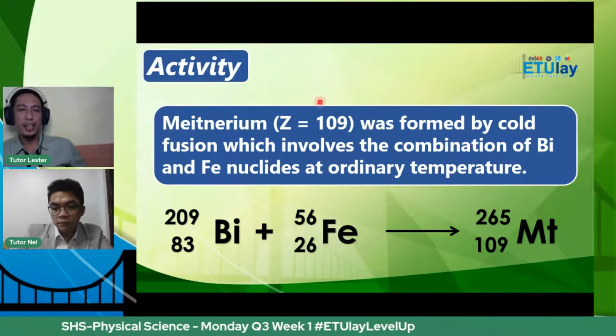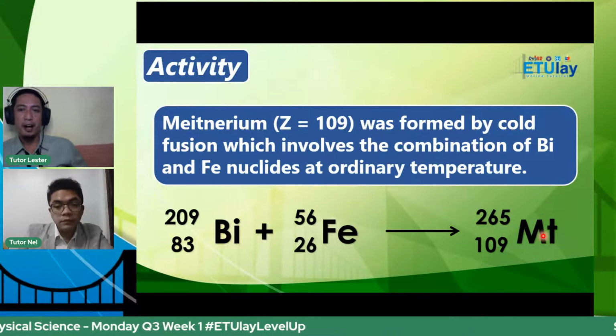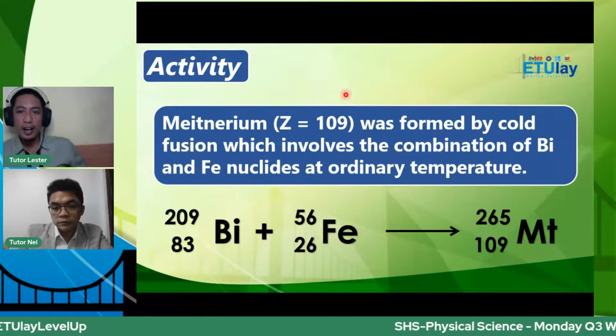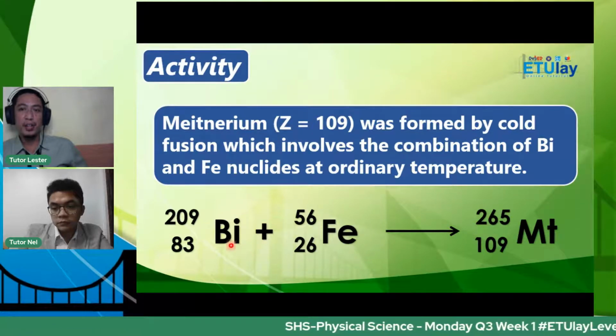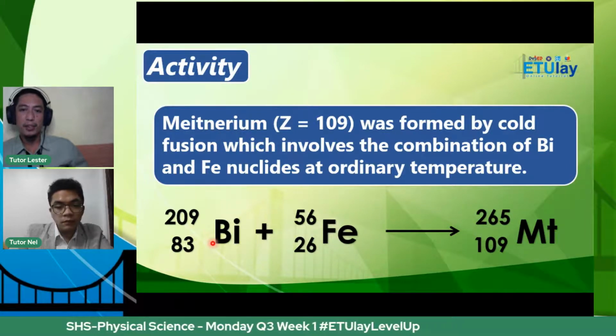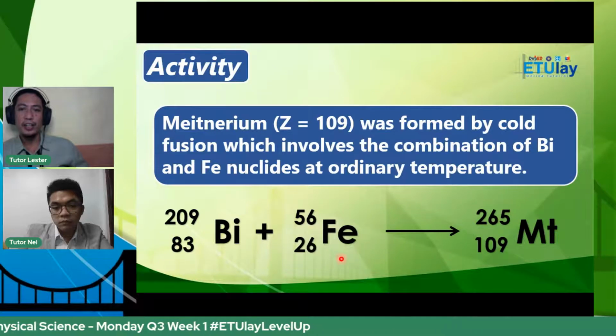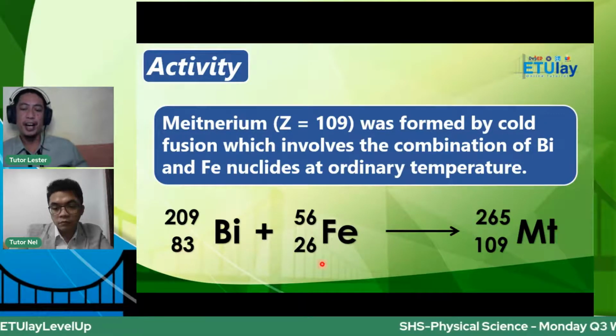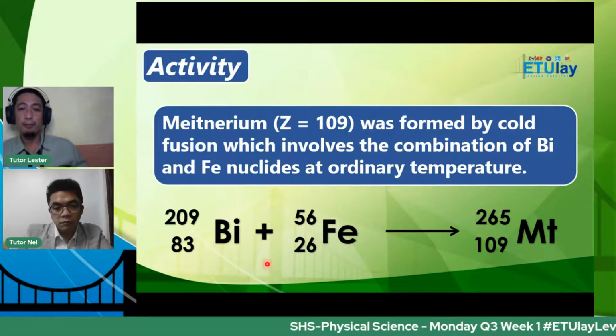So according to the problem, meitnerium is formed by the fusion, by the combination of bismuth and iron nuclides. So we write down bismuth and iron and check the atomic number of bismuth and iron in the periodic table.